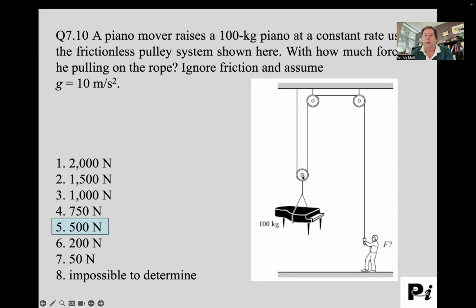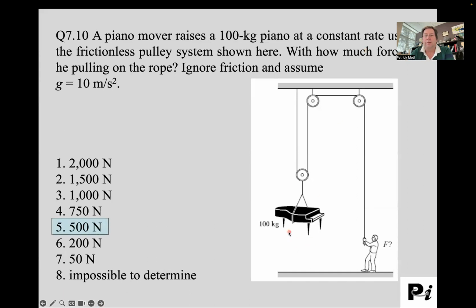If you want to raise the piano up by a meter, he's going to have to actually make the rope shorter by 2 meters because it gets shorter on both sides. So to raise the piano by a meter, he has to pull through 2 meters of rope.